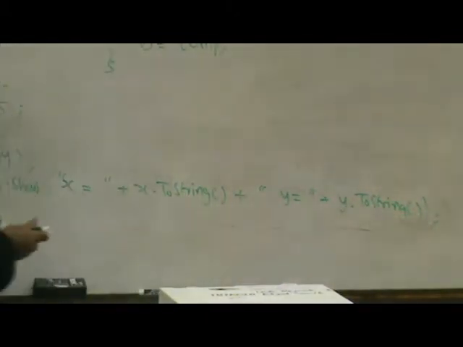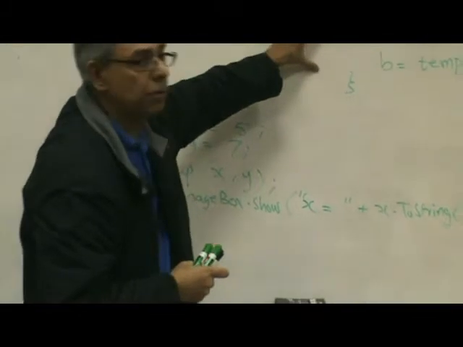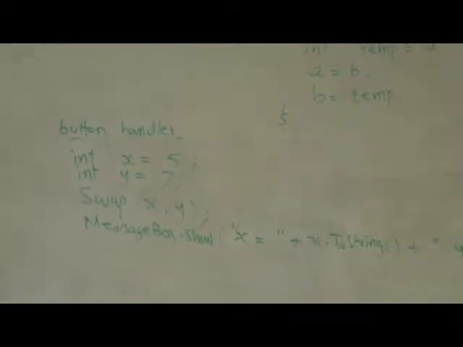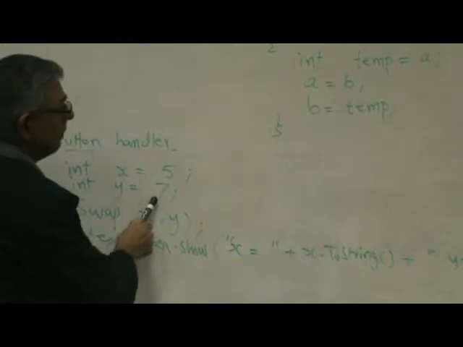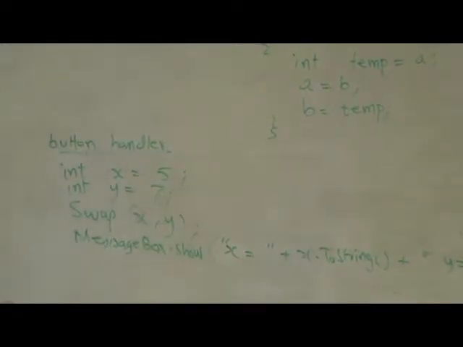Okay, so if we run this program and click on this button, and pretend this swap method is also written inside the same form class, what will be our output? What's your guess? Will it be 5 and 7, or will it be 7 and 5?